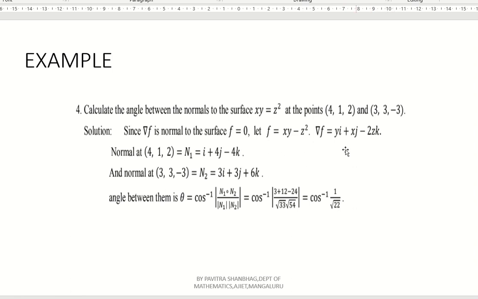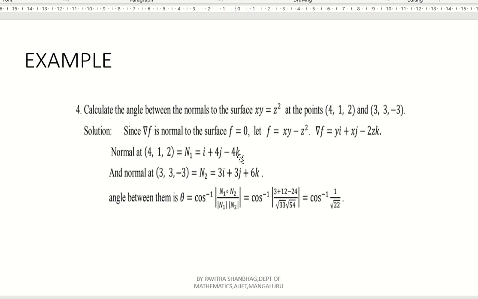Now, since there are two different points given, find del f at this point and call it vector A or n1. Similarly, find the same vector at this point and write it as n2 or vector B. So what you will get? Del f at the point 4 1 2 will be 1i plus 4j minus 2 into 2k, that is minus 4k.